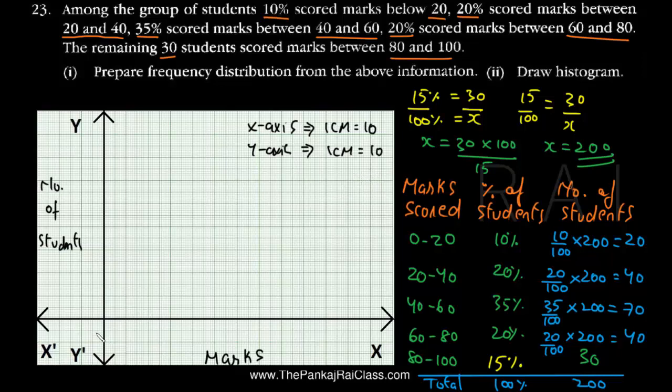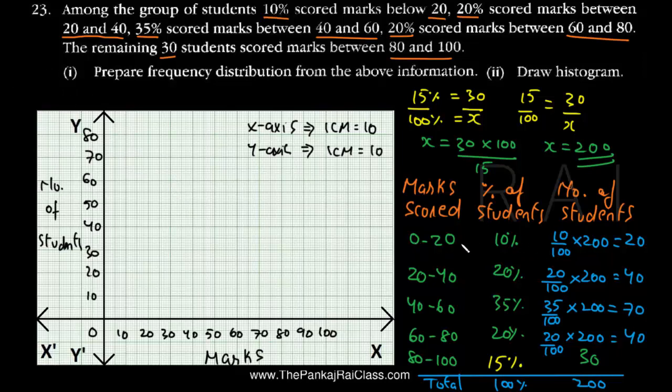So let us plot the points. This is 0, this is 10, 20, 30, 40, 50, 60, 70, 80, 90 and 100. And here we will have the same: 10, 20, 30, 40, 50, 60, 70, which is the maximum number of students we have, and then let's say 80 as well. Now let us plot the histogram.